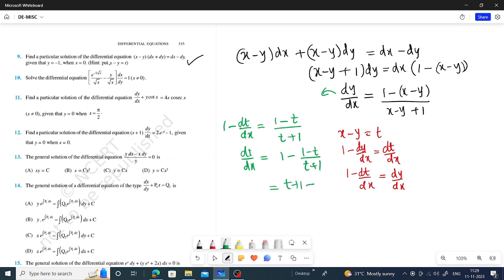T plus 1 minus, is applicable to both, minus 1 plus t by t plus 1. So this is our final equation. Dt by dx equal to, this minus 1 and plus 1 cancelled, 2t by 1 plus t. So let me clear this.